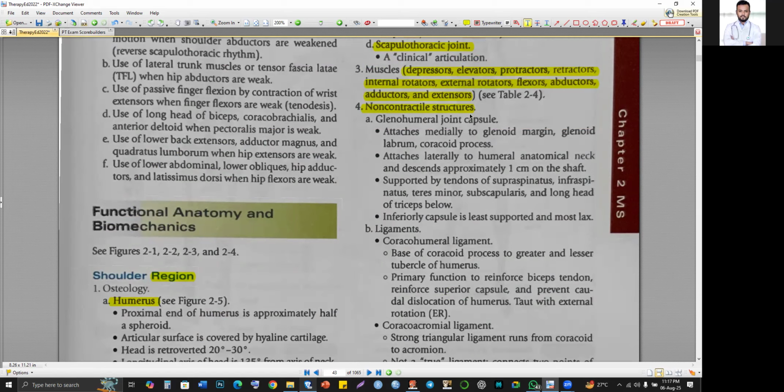These two terms are given by Cyriax, for the subject of orthopedic medicine, so you can go through that. Cyriax said that there are two kinds of structures: the contractile structures, which include muscles and tendons, and the non-contractile structures.